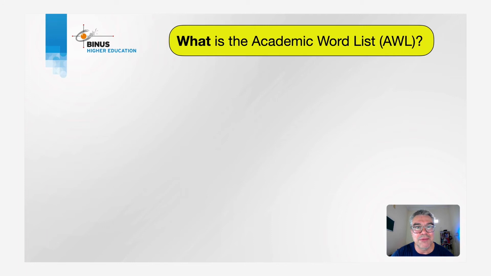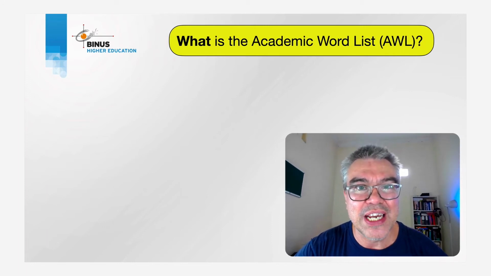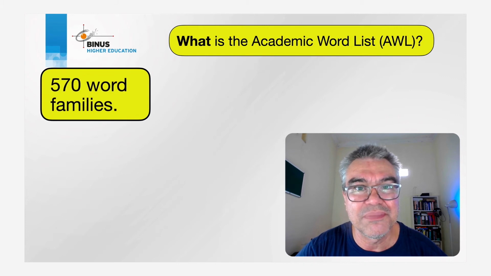The next question then is, what is the academic word list? Of course, it is a list of words, starting at the letter A and going through the alphabet. Obviously, there are more words for some letters and very few words for other letters. When we get to Z, there are not many words, but at A, there are a lot more words. In total, we have 570 word families in the list.